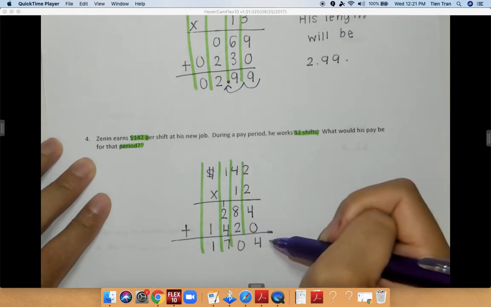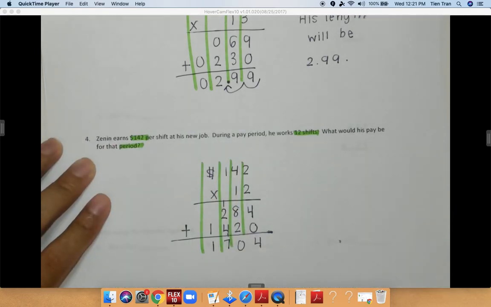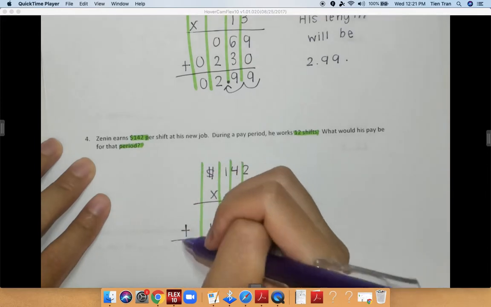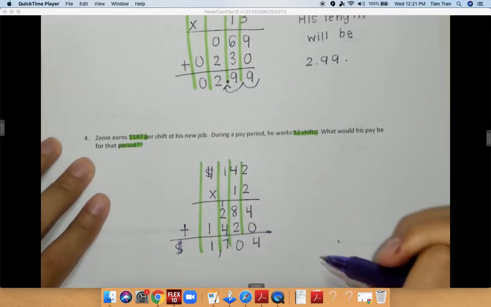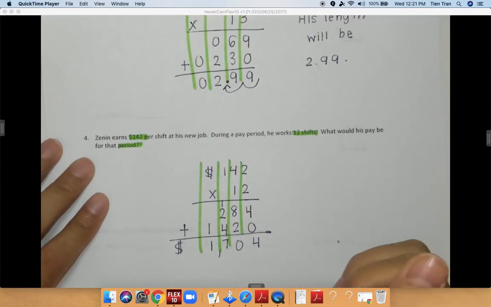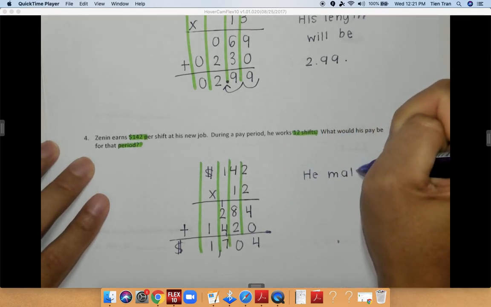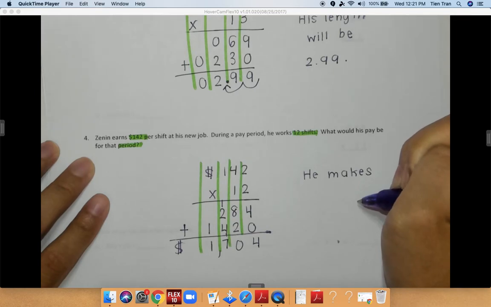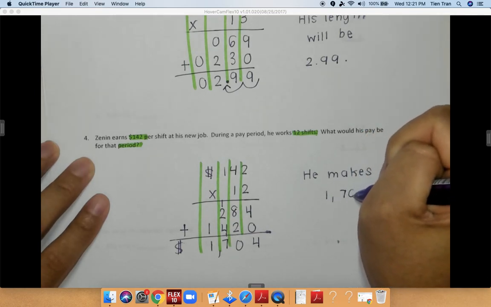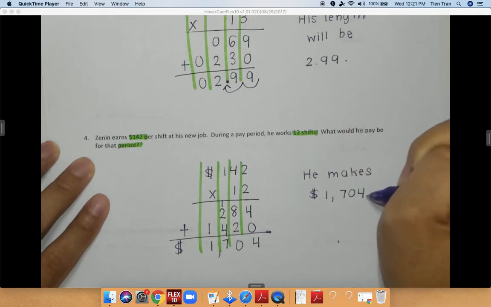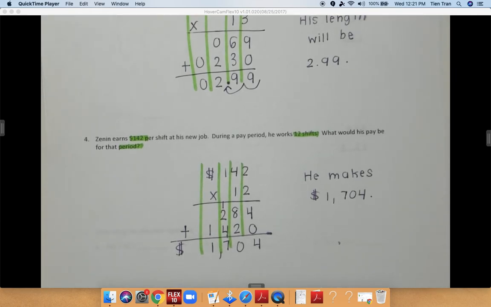And bring down my 1. So that is my final answer. I get $1,704 is how much he is going to make. So he makes $1,704.